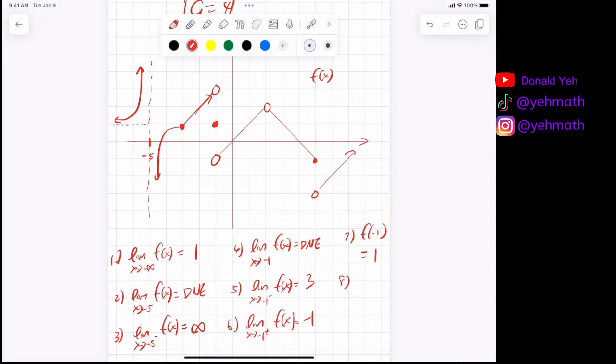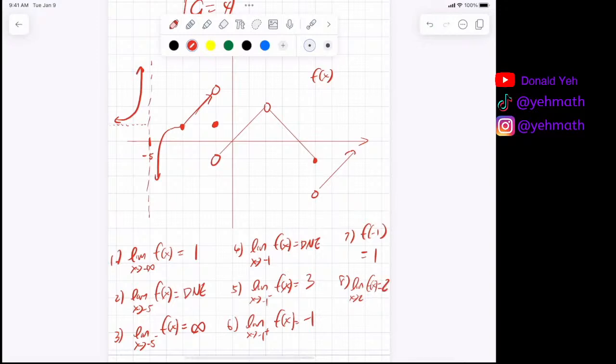So what happens when the limit as x approaches 2? Ilya, what happens when the limit as x approaches 2? Dayton? So what do you say? It does not exist.